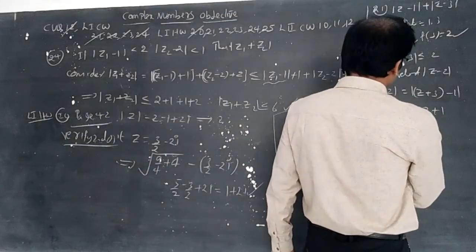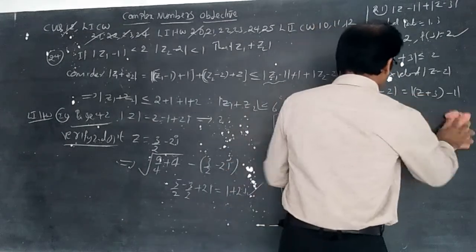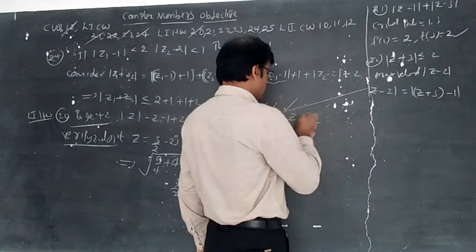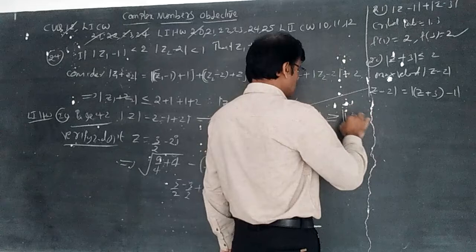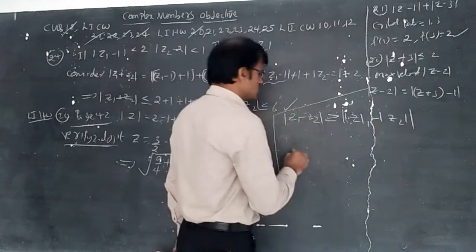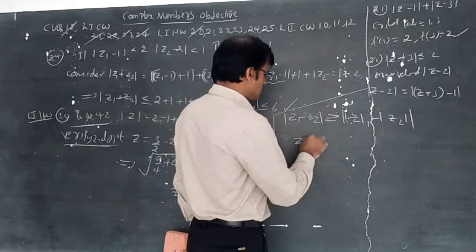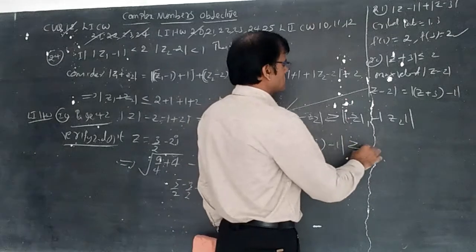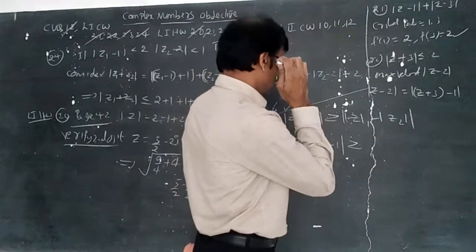Modulus of z plus 3 less than or equal to 2. So z minus 2 we need to take. Using modulus of z1 minus z2 is greater than or equal to modulus of z1 minus modulus of z2. So modulus of z plus 3 minus 1 is greater than or equal to... now we need to calculate modulus of z minus 2.